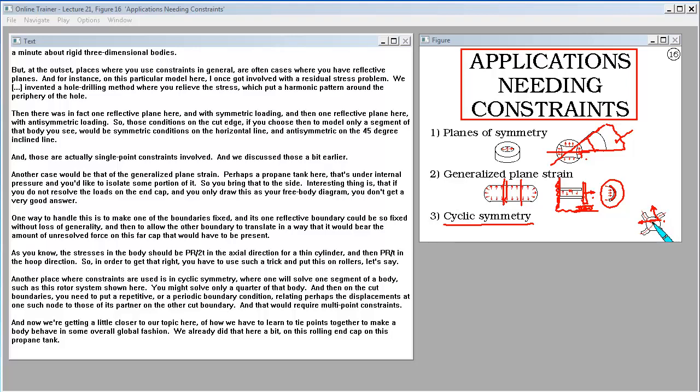And that would require multi-point constraints. Now we're getting a little closer to our topic here of how we have to learn to tie points together to make a body behave in some overall global fashion. We already did that a bit on this rolling end cap on this propane tank.